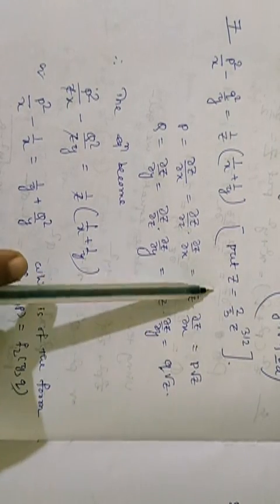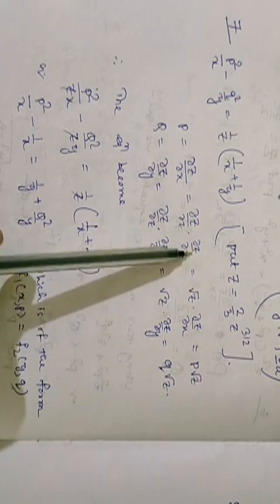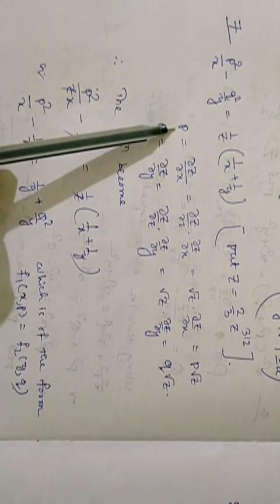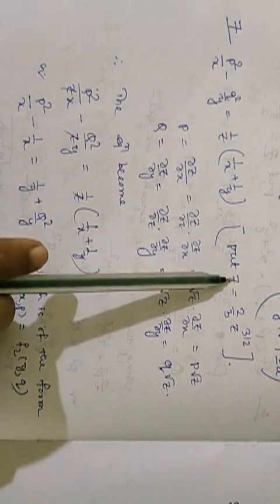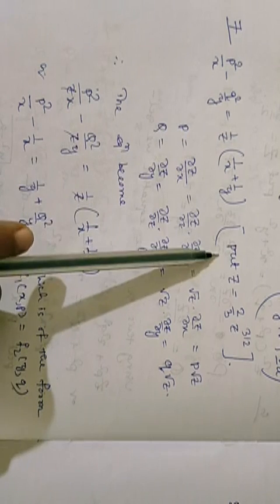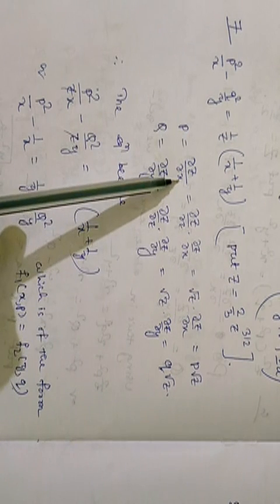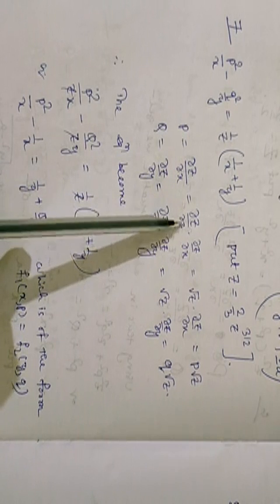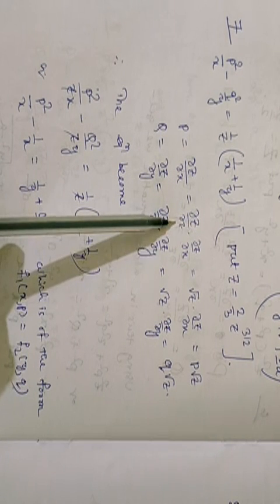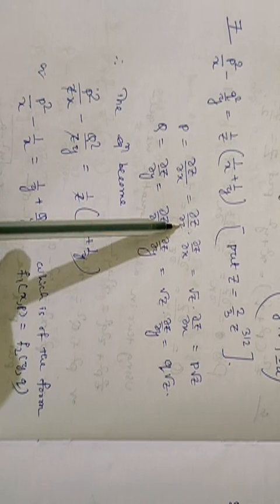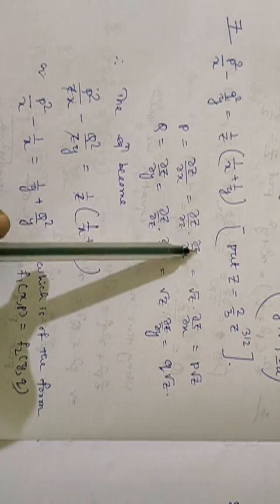If we take this substitution, then capital P is the derivative of capital Z with respect to x. This can be written as del Z by del z into del z by del x, where this is capital and this is small.